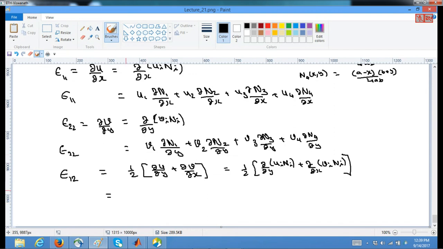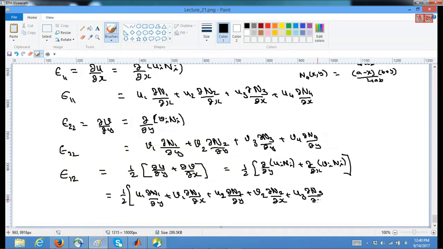So that can be written as, I will take 1/2 common: u1 dou n1 by dou y plus v1 dou n1 by dou x plus u2 dou n2 by dou y plus v2 dou n2 by dou x plus u3 dou n3 by dou y plus v3 dou n3 by dou x plus u4 dou n4 by dou y plus v4 dou n4 by dou x.